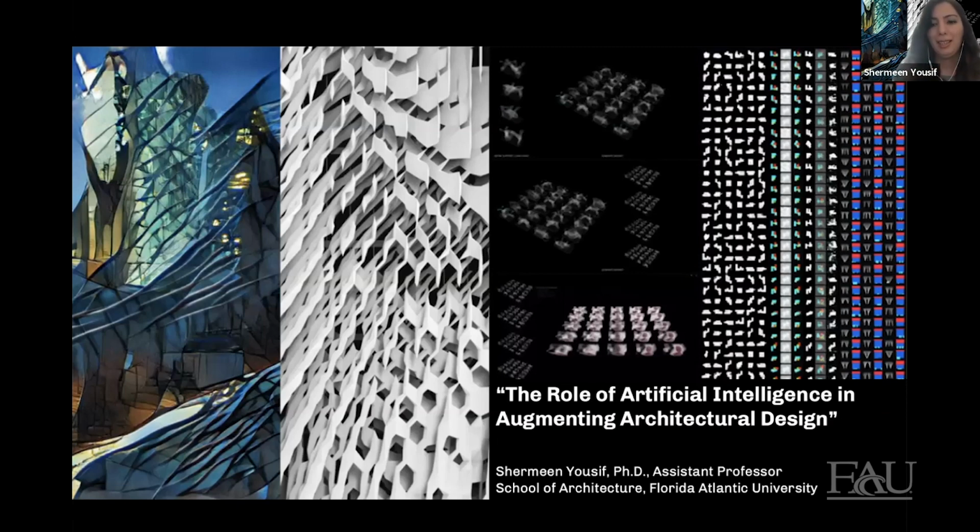So the title, the role of artificial intelligence in augmenting our architectural design, is a big title. It's a huge topic in general, but in the lecture, I'm more concerned about AI creativity and interested in AI creativity in relation to architecture design process.